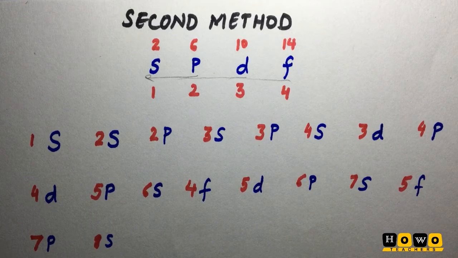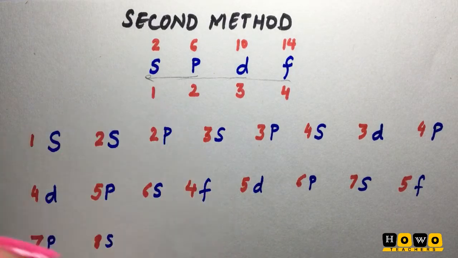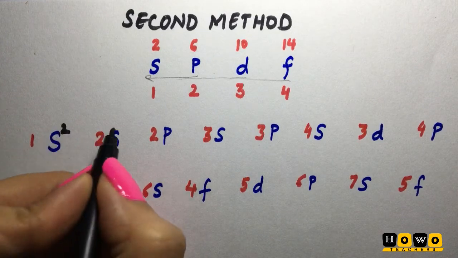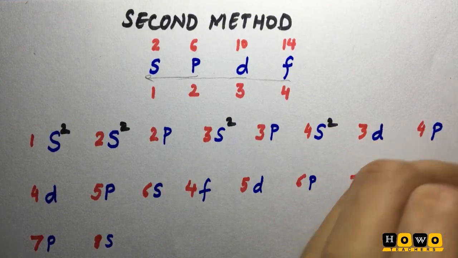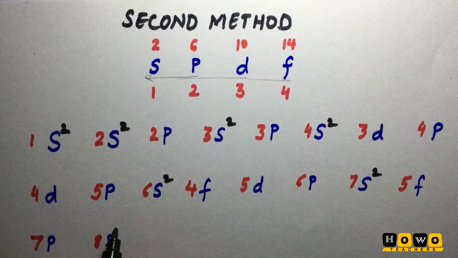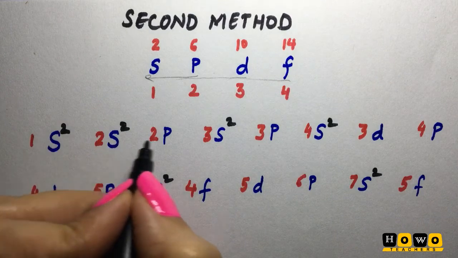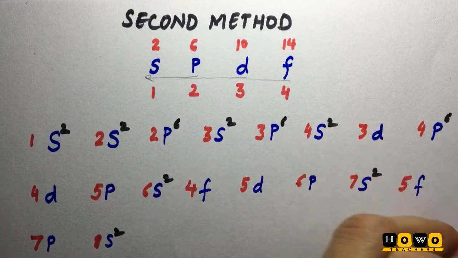Now let us fill out the maximum number of electrons that can come. So in S orbital, 2 is the maximum. So I am writing here 2 wherever S is present. P will have a maximum of 6. So I am writing 6 wherever P is present.